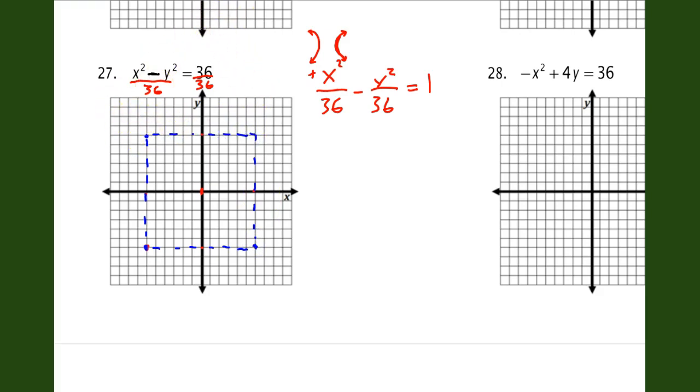So you're going to draw these lines that go through the box at the corners, right? And that gives us some guidance for the hyperbola.